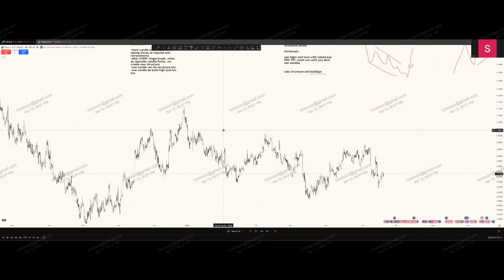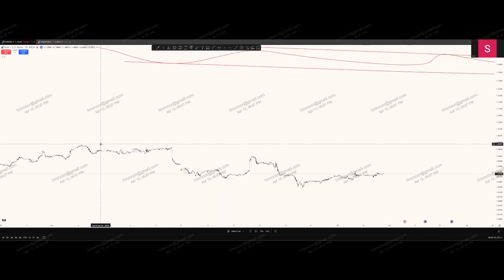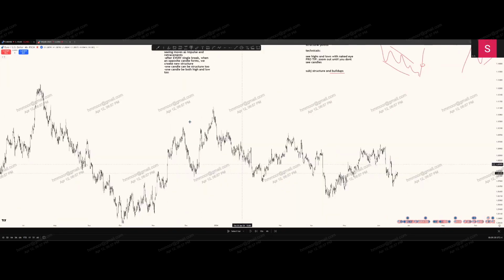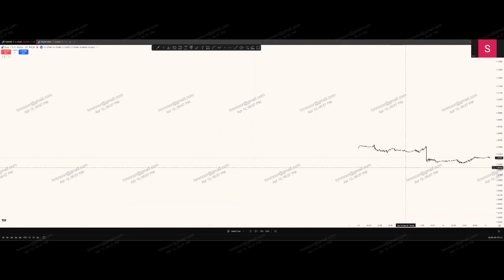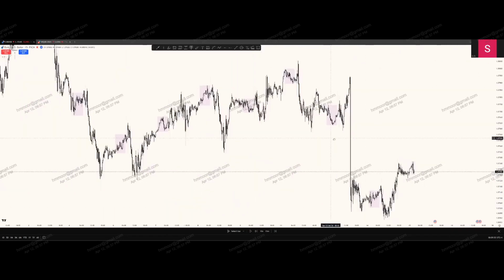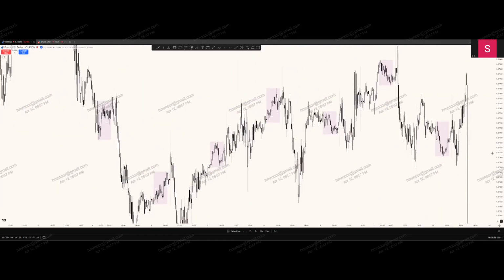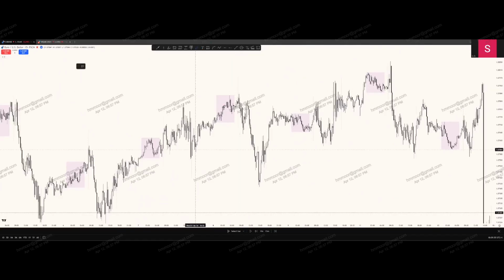Okay. First one we had was this one. Yep. So really nice. Don't care about the SMTs, don't care about the context, but just a quick analysis for you.